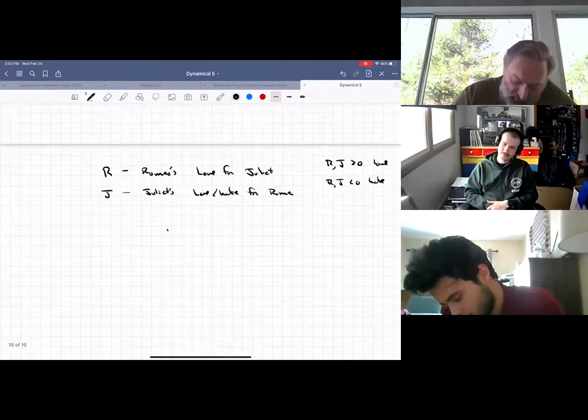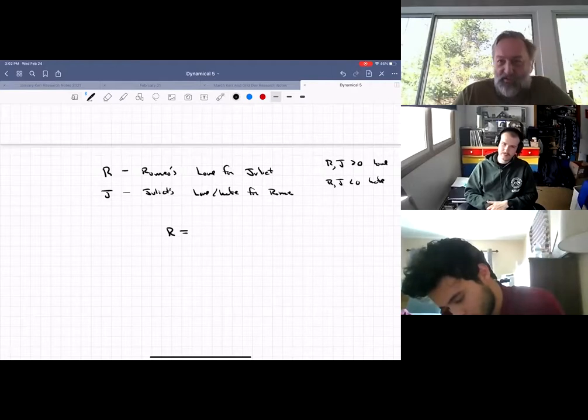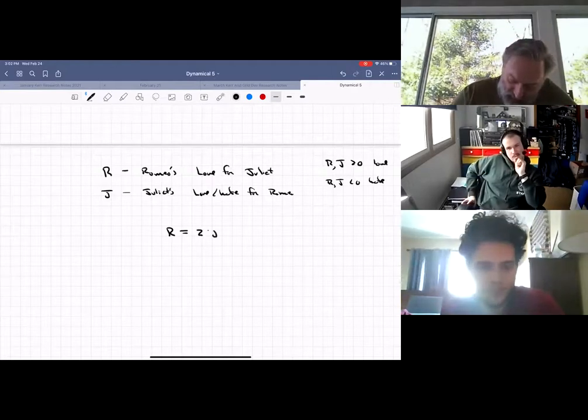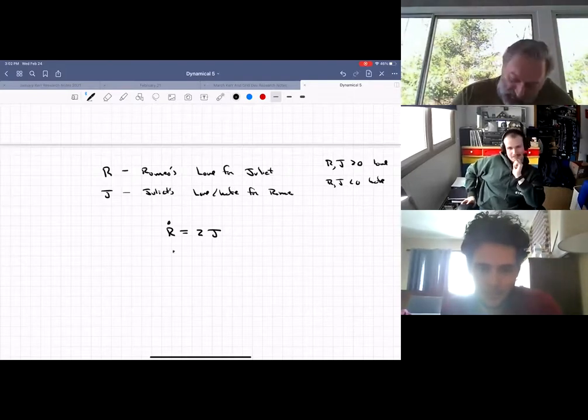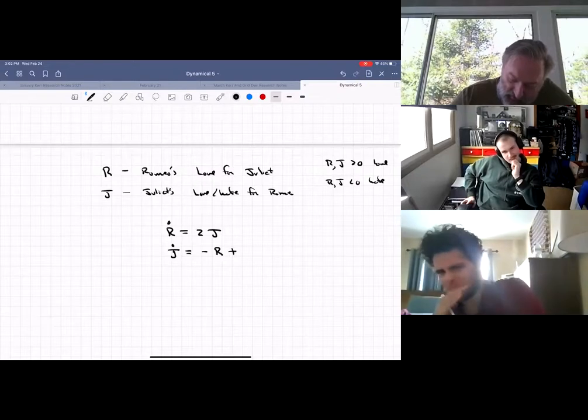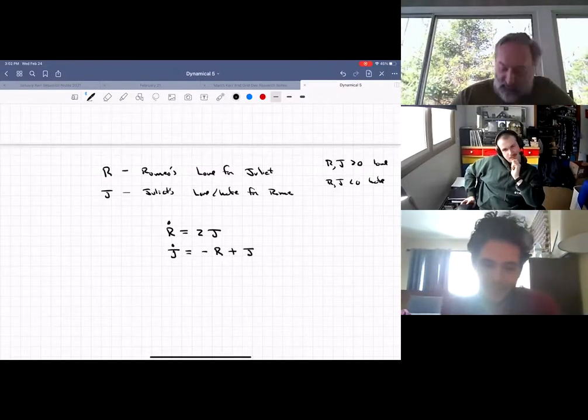So for instance, let's suppose that Romeo responds positively to Juliet's affection. But let's suppose that Juliet responds negatively to Romeo's affection and positively to her own affection.